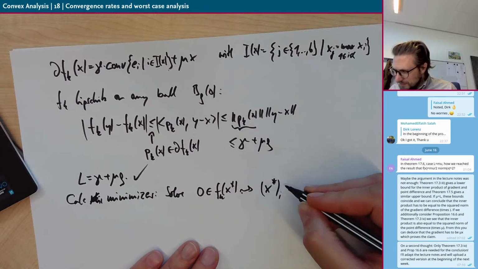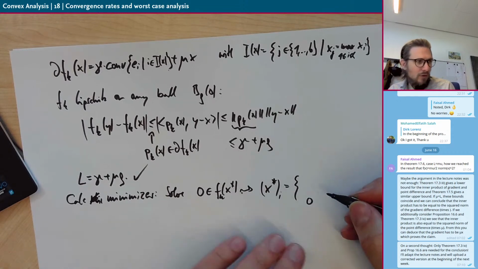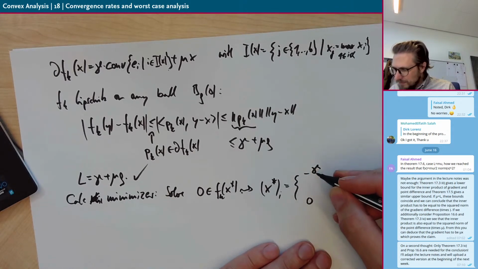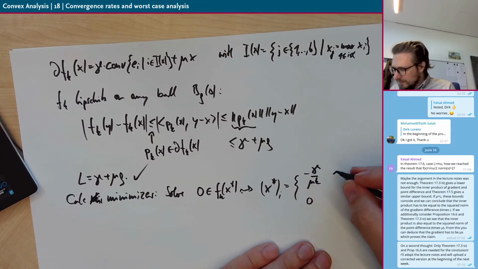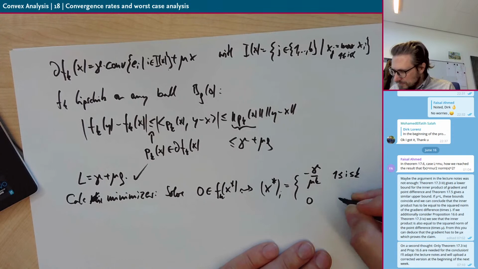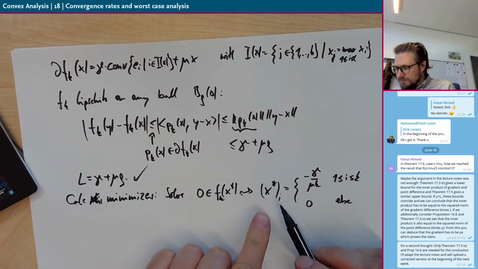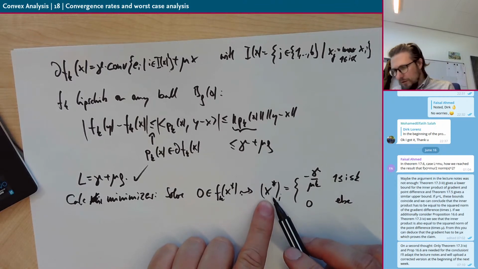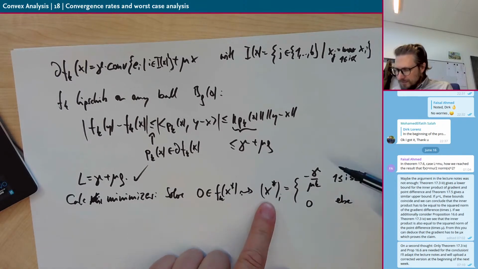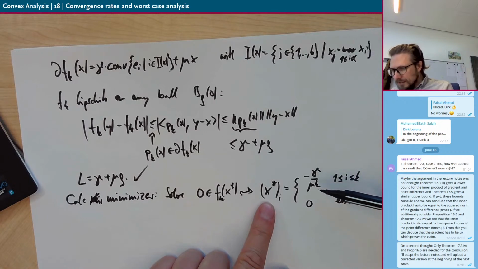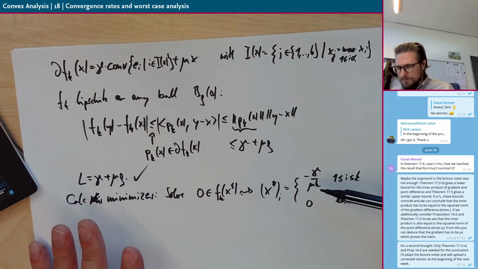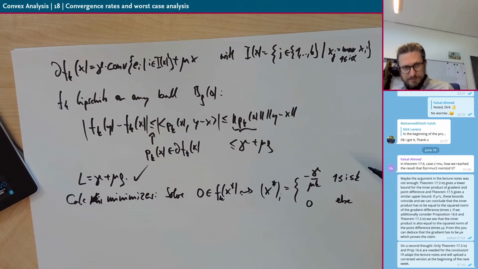The ith entry is either 0 or has the value minus gamma over mu times k, and this holds if i is between 1 and k, or 0 elsewhere. So this optimum value, the minimizer, is a vector which has this entry here for the first k entries, and after that only comes zeros. And if you plug it in, you'll see that it checks out, that this actually gives 0 always.